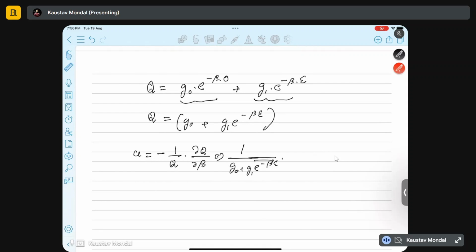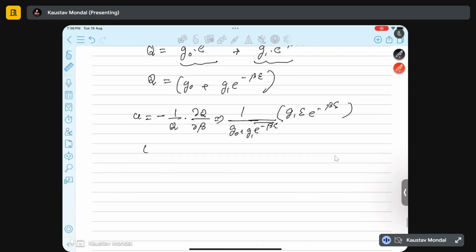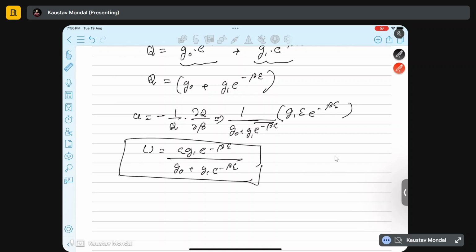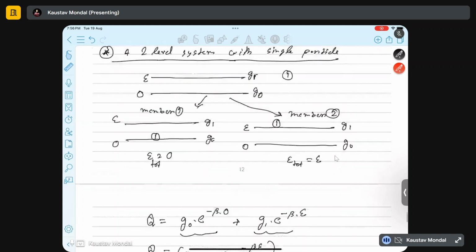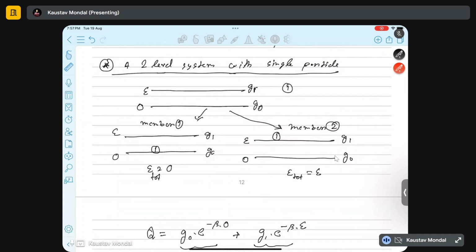If you take the derivative of Q with respect to beta, this gives you G1 epsilon, the minus will cancel, e to the power minus beta epsilon. So the internal energy would be G1 epsilon e to the power minus beta epsilon divided by G0 plus G1 e to the power minus beta epsilon. This is the expression of the internal energy. This is a quick problem that we've done for a microcanonical ensemble.